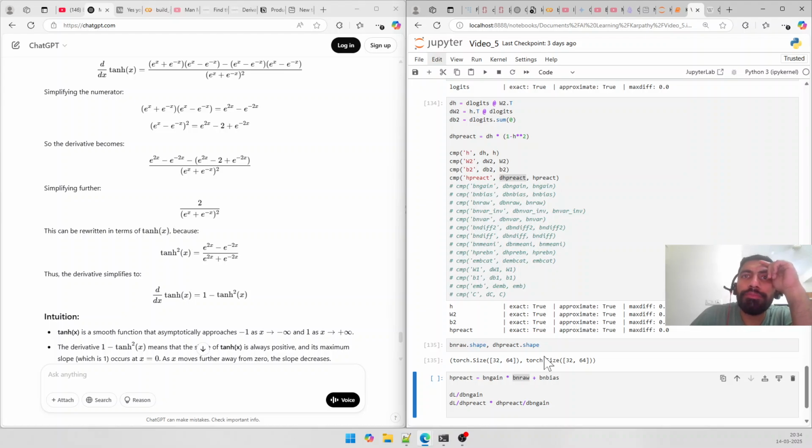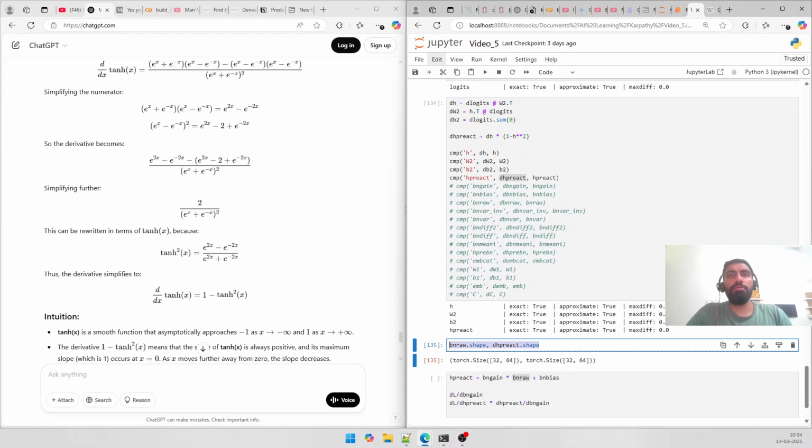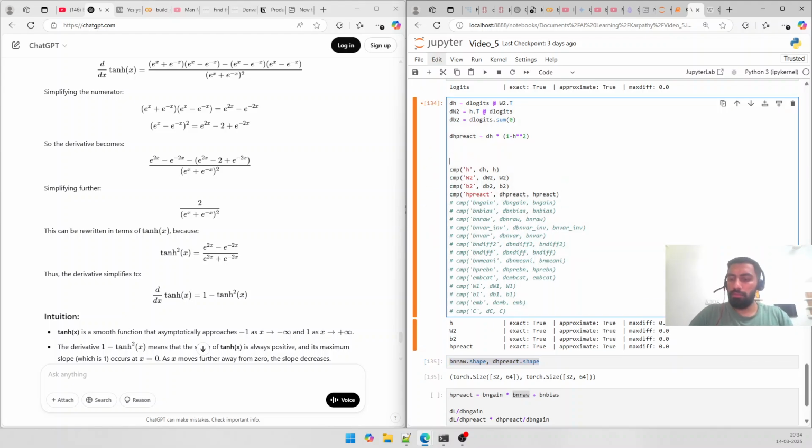It's anyway a multiplication, right? So D BN gain we are calculating.